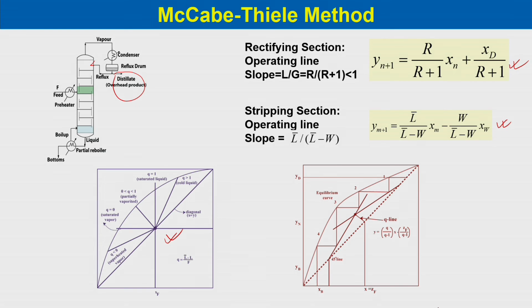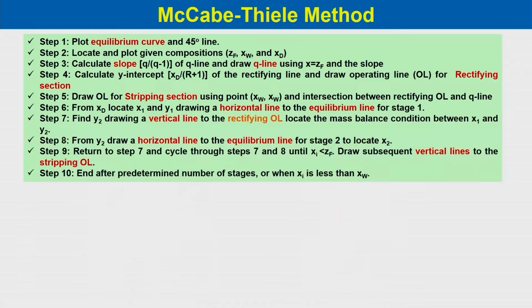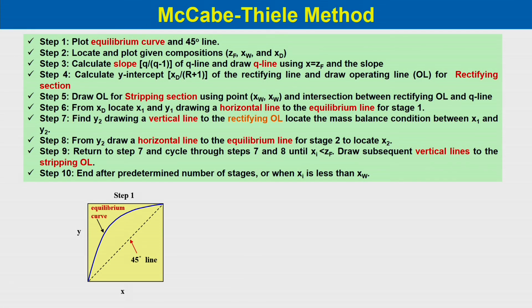So, we will see step by step how to determine the number of ideal trays required following the McCabe-Thiele method of graphical construction. These 10 steps we need to follow to determine the number of ideal stages by this method. In the first step, plot the equilibrium curve and the 45-degree line. So, this is the equilibrium curve and this is the 45-degree diagonal.